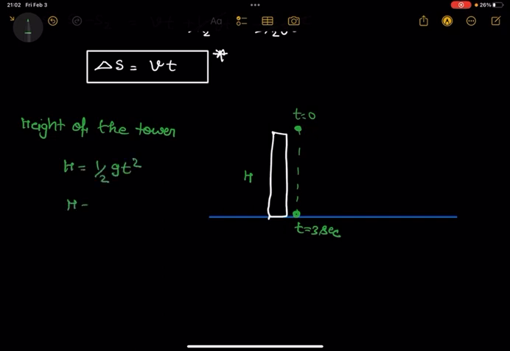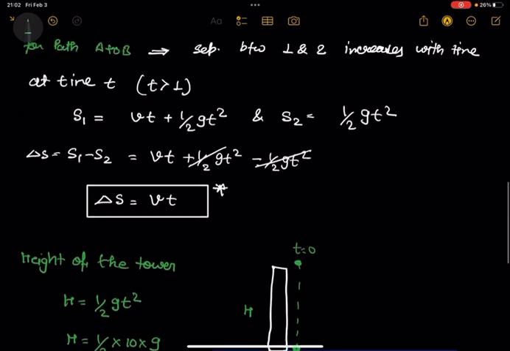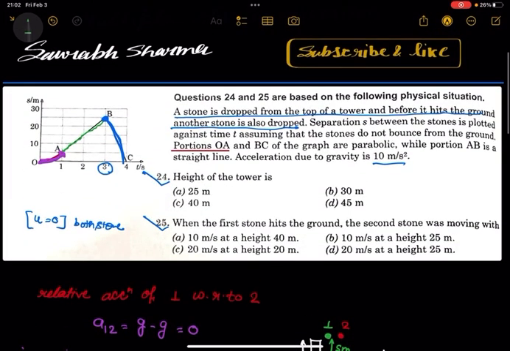So h is equal to half of g, which is 10, times 3 squared, which is 9. So h is equal to 45 meter. So we can very easily calculate the height of the tower. Options are given: 25 meter, 30 meter, 40 meter and 45 meter. So my answer is 45 meter.